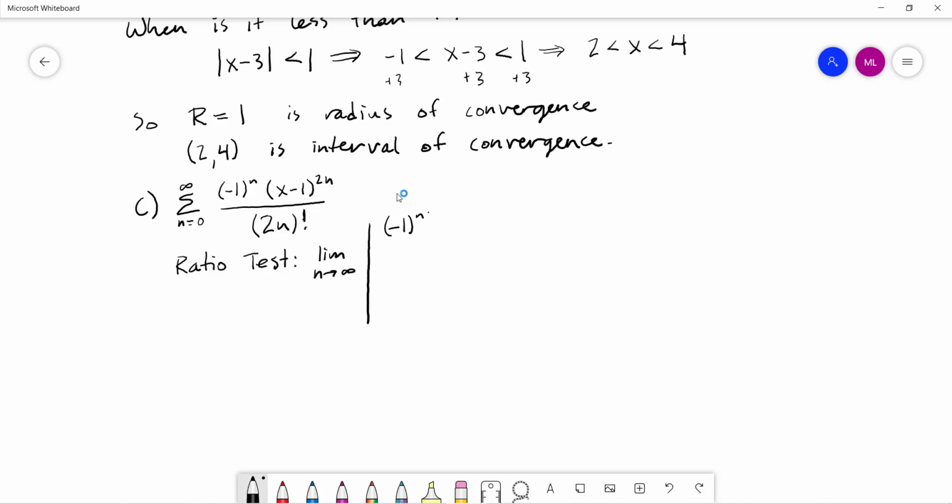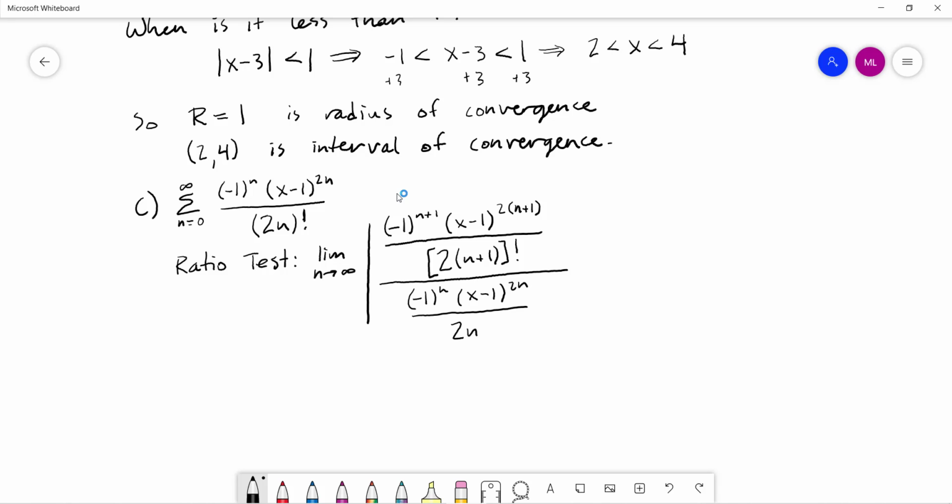So (-1)^(n+1), (x minus 1)^(2(n+1)). Don't forget to put your n plus 1 in parentheses, over 2 times (n plus 1) factorial. So that's our numerator, and then our denominator is just the original one. (-1)^n, (x minus 1)^(2n) over (2n) factorial.